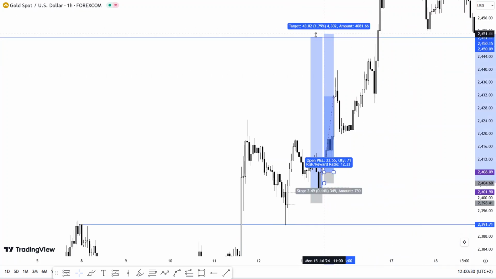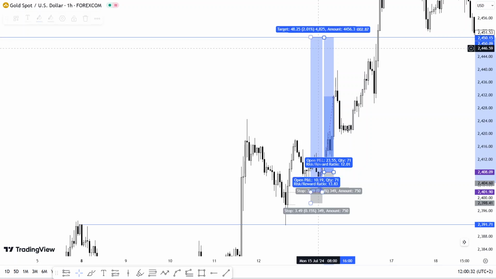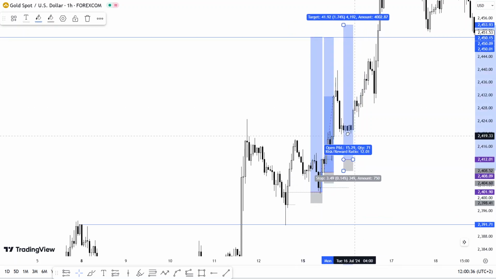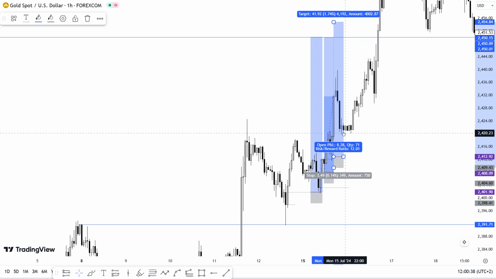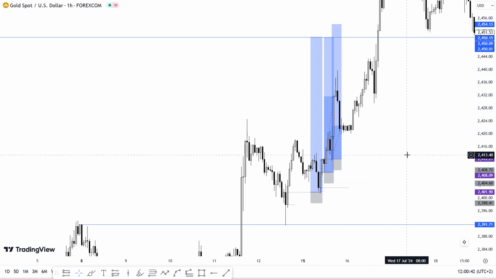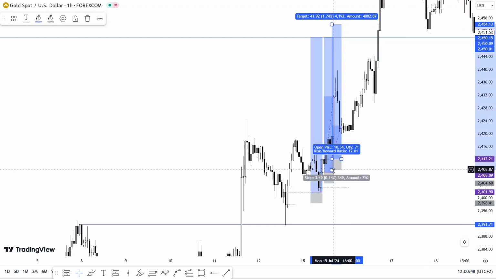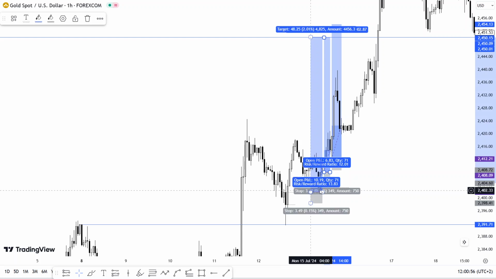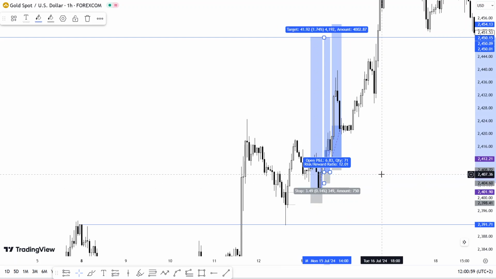Let me do this. It's a bit slow, so another entry would have been from here. Another entry would have been from there. All right, that's one of the simplest ways I can explain as to where you should look for possible areas of support.